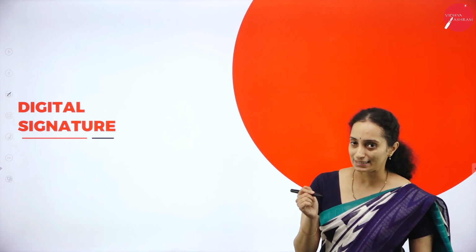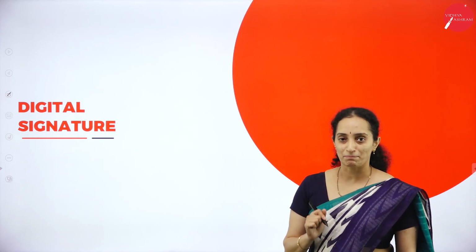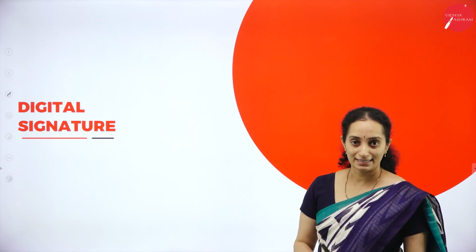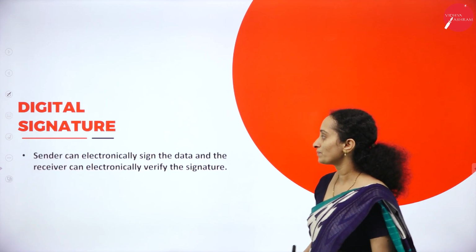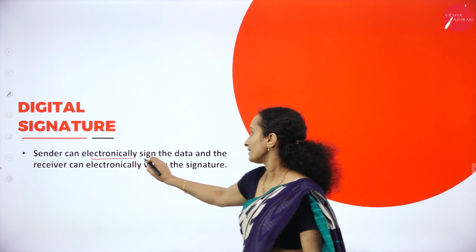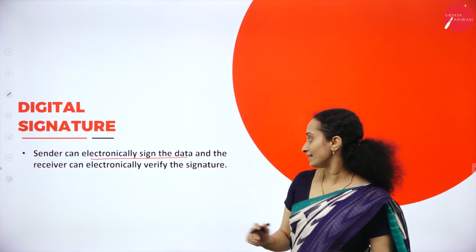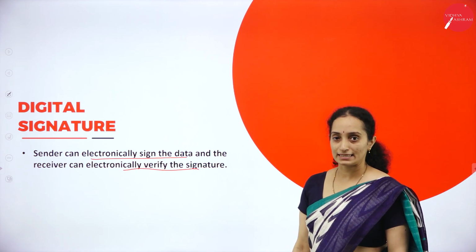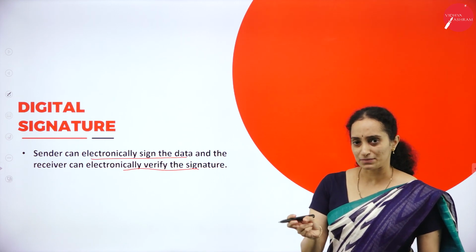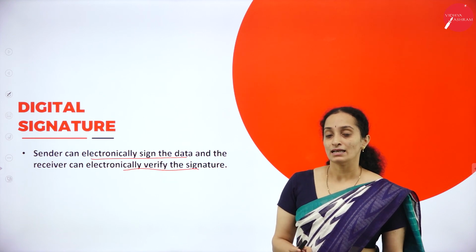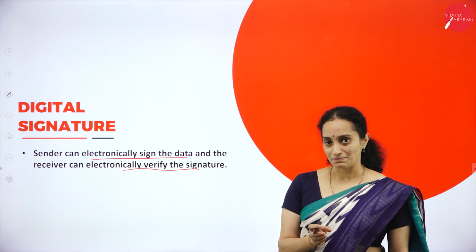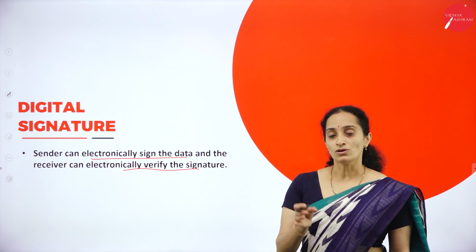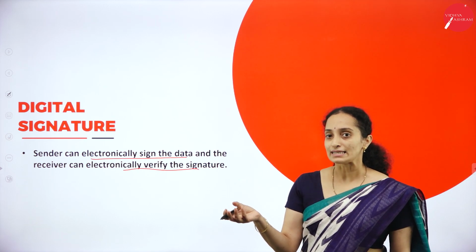Next comes the digital signature. This is not the signature that will be done using the pen. What does the digital signature do? The sender can electronically sign the data and the receiver can electronically verify the signature. The signature has some key, or some message, which is known only to the sender and the receiver.